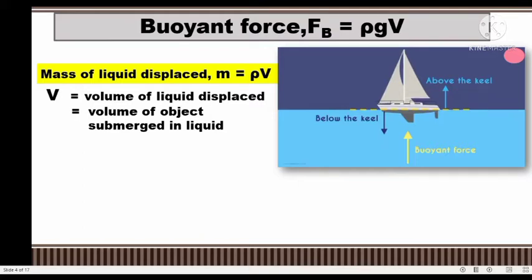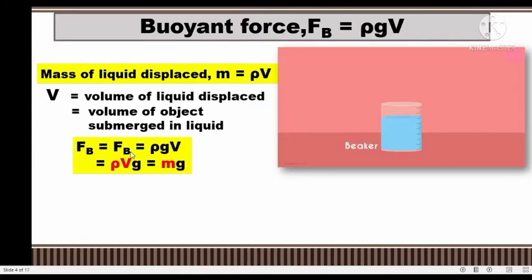So the volume of water displaced by the ship is equal to the volume of the submerged part of the ship. Buoyant force equals rho gV, which equals rho Vg. Rho V comes from the formula of density. Density equals m divided by volume, thus m equals rho V. So from the formula of buoyant force, rho gV, if we rearrange, we get rho Vg.